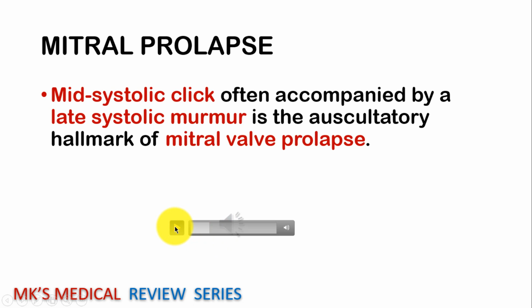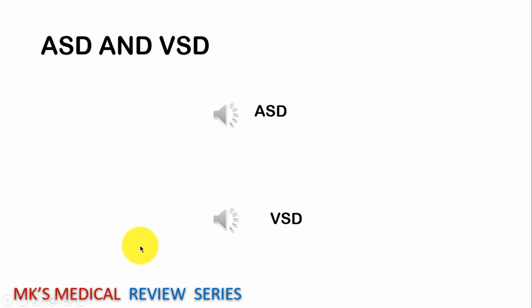So that click you're hearing in between the S1 and S2, that's not your headsets having a problem, but it's actually the heart sound. Okay. Then this is what an atrial septal defect sounds like.